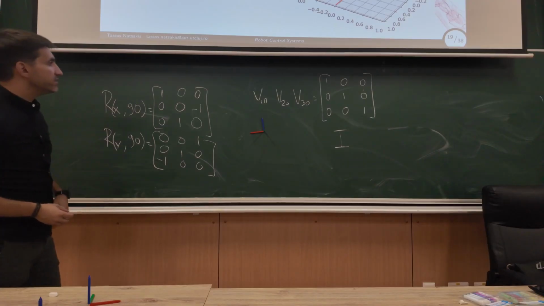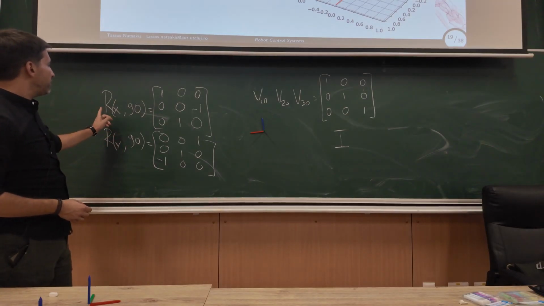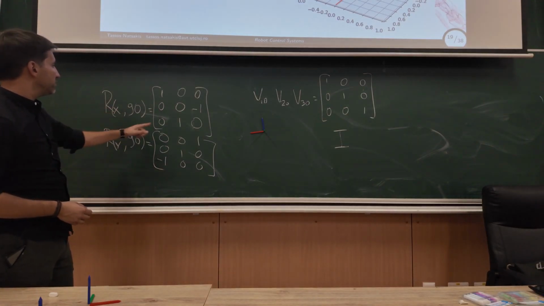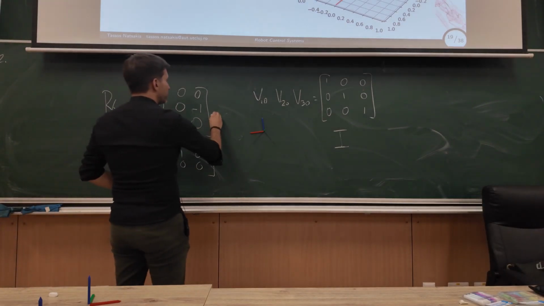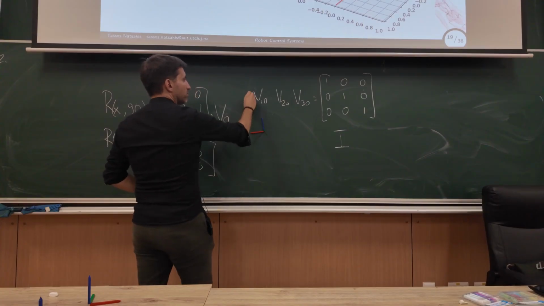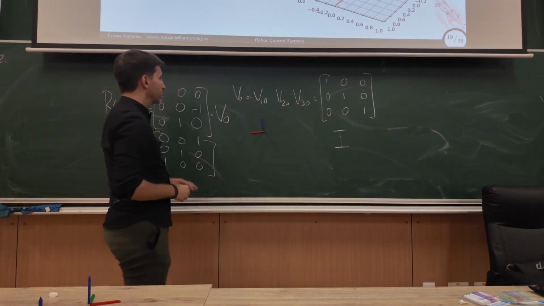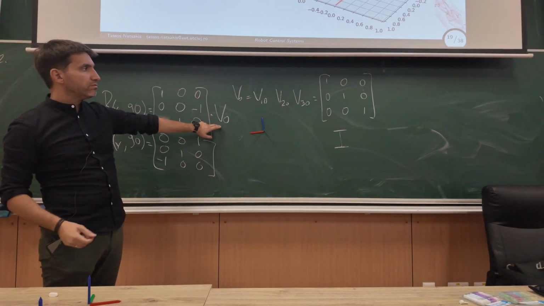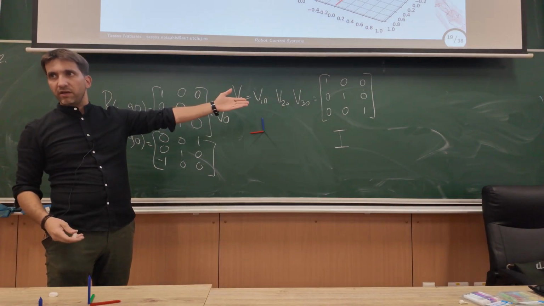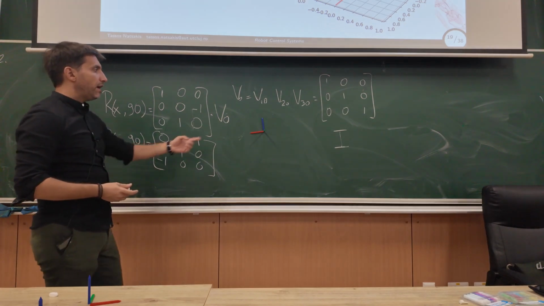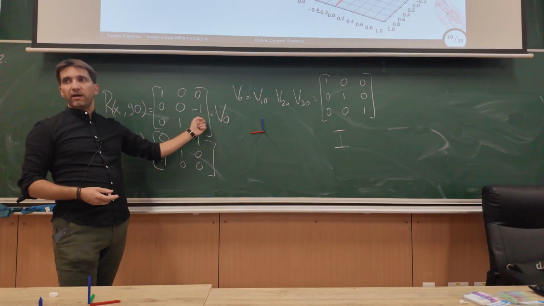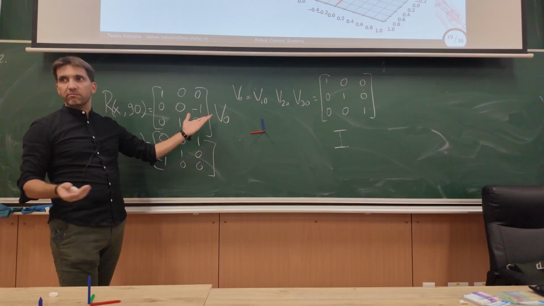We can see in this example what happens if I take this transformation, rotation around x by 90 degrees, and I multiply it with this V0. What is V0? It's the identity matrix, right? Am I doing anything by multiplying a matrix with the identity matrix?